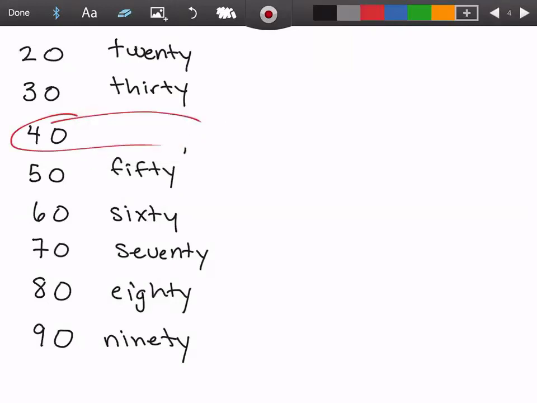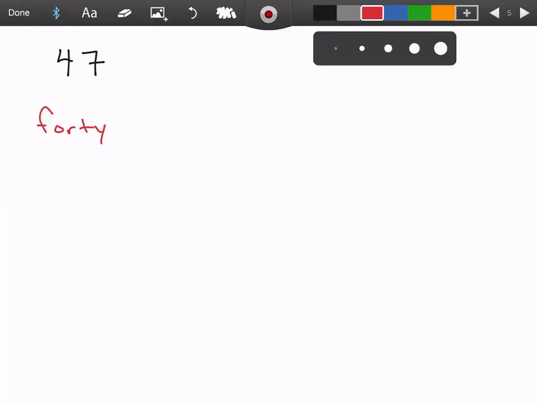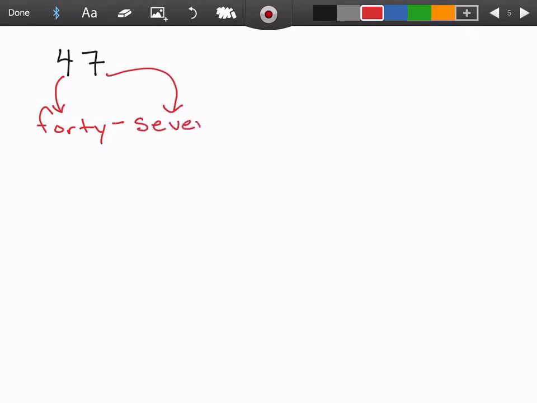That's not right, it should be spelled like this. Anyway, I'm not perfect. So the 4 becomes a 40, and then we put a hyphen and write the last number, which is a 7. We would say this is 47, but we would write this as 40-7.